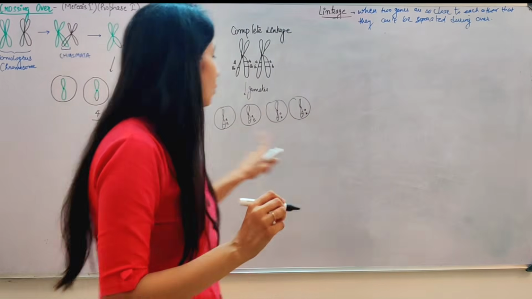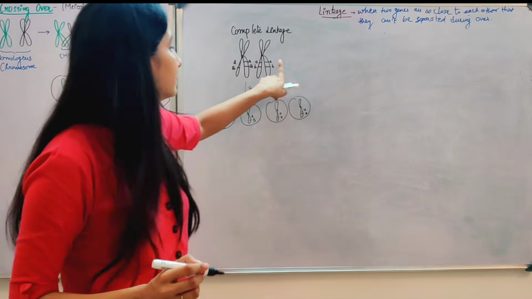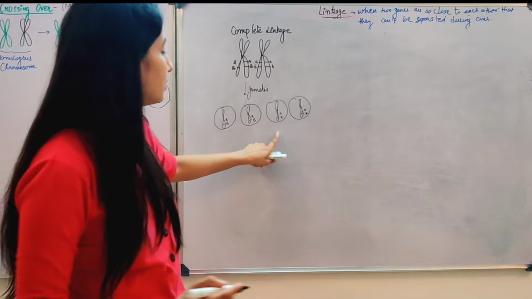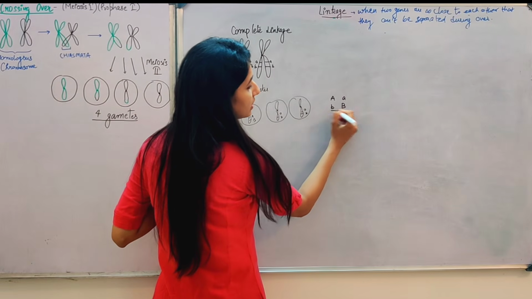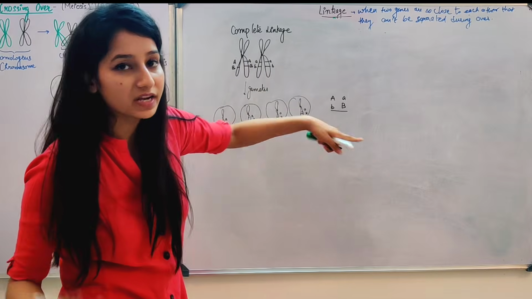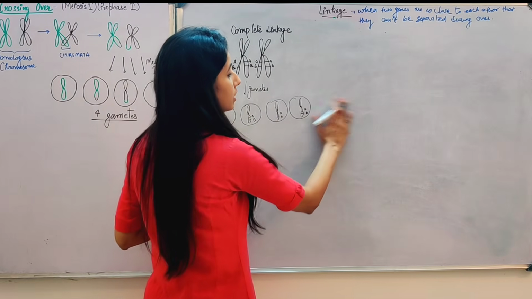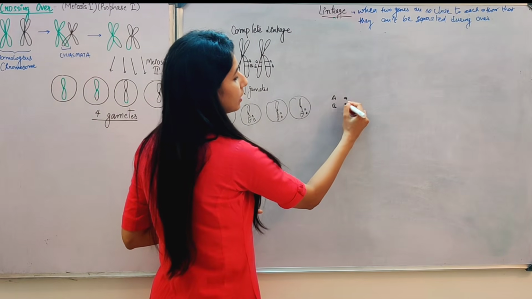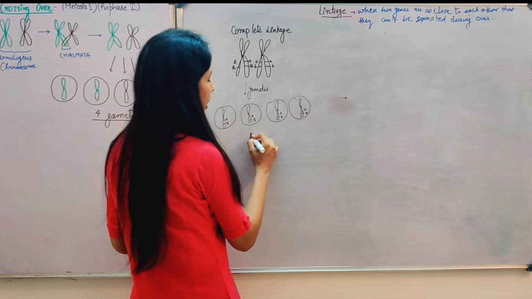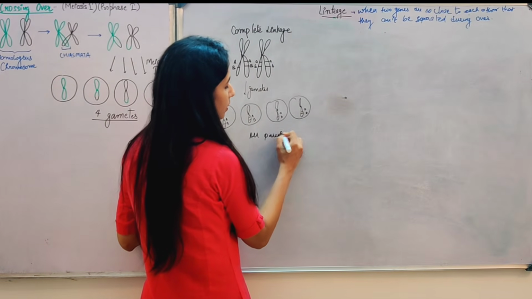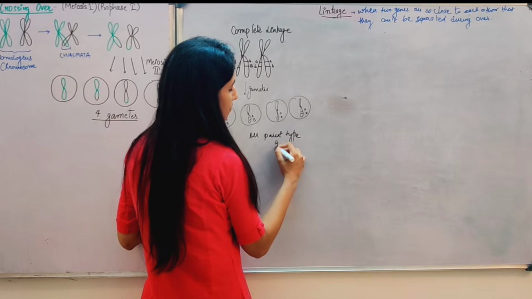Here you can see that all 4 gametes are like that of the parental. There is no difference. Can you see this condition, or this one? Is this condition present? No, this condition is not present. The gametes are all AB or ab, which is present in the parent. So these are all parent type gametes.